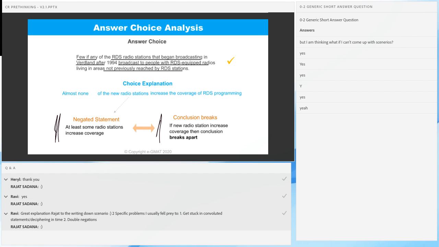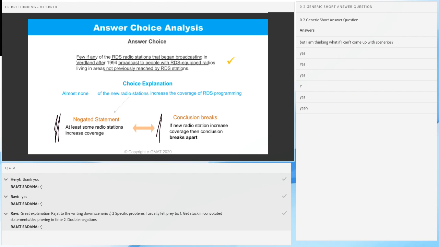Or something which talks about how, despite a similar number of RDS radios, somehow these new radio stations lead to more people getting RDS programming. You'd be able to create an approximate scenario in your brain.